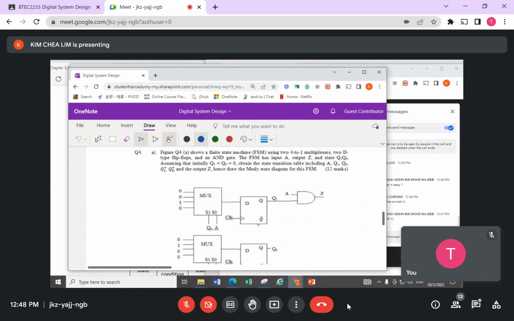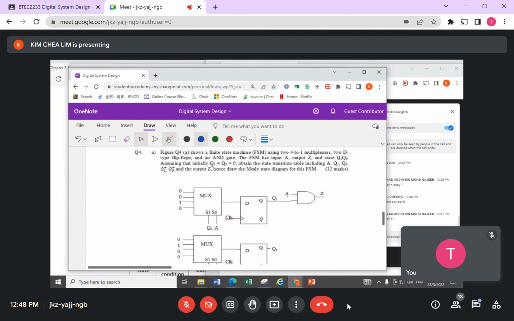Now, question 4 here shows a finite state machine. A finite state machine basically just tells you it's a sequential circuit. They are using two 4-to-1 multiplexers, 2 D flip-flops, and an AND gate. The finite state machine here has an input A. My external input is A, the output is Z, and the state is Q1, Q0.